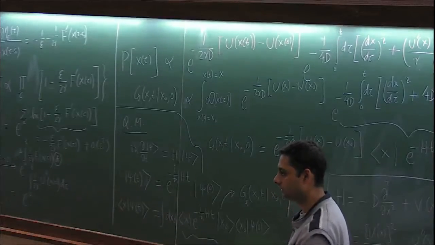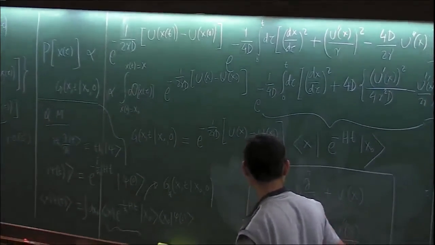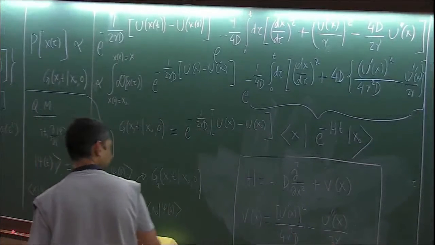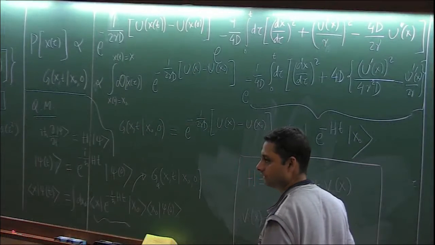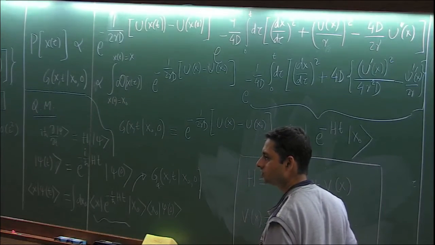So yesterday we did this one. Then you know that when you go to the quantum problem, this is your Hamiltonian, right? Otherwise this term would have been something else. Instead of this half, whatever you choose would have been here.